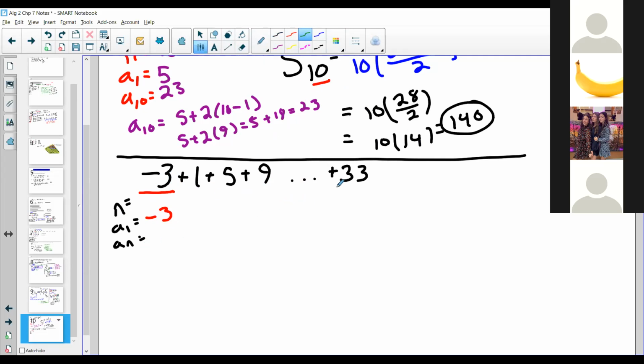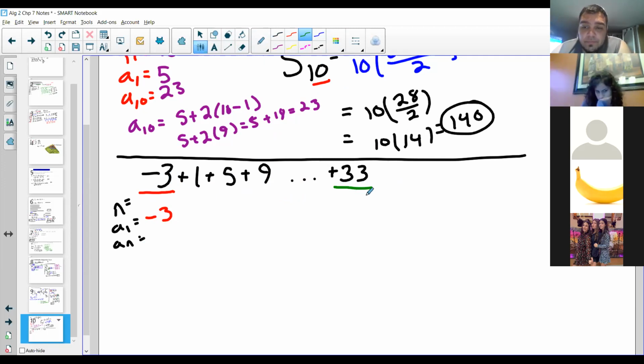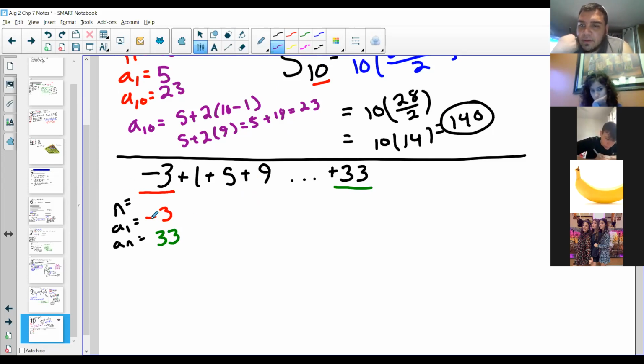I also know what my last term is, the term I'm ending with. Simply 33. So the real question this time is what my n is. So we need to find what the n value is.